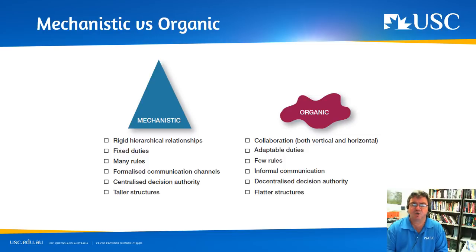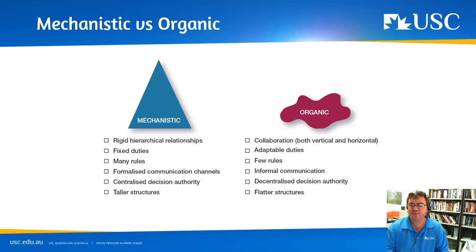And finally, they're taller structures. You can see that triangle indicates that there'd be a lot of rungs, or levels, in the hierarchy. It would also probably mean that the spans of control for each manager in those rungs is quite small. That means that they don't have too many people to manage at any one time. So that's mechanistic versus the organic organisation.